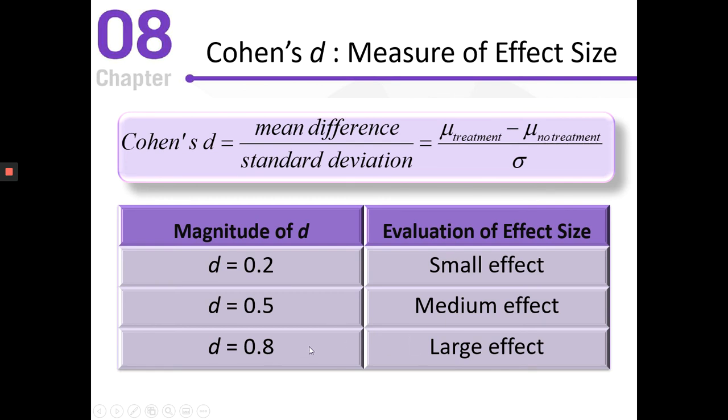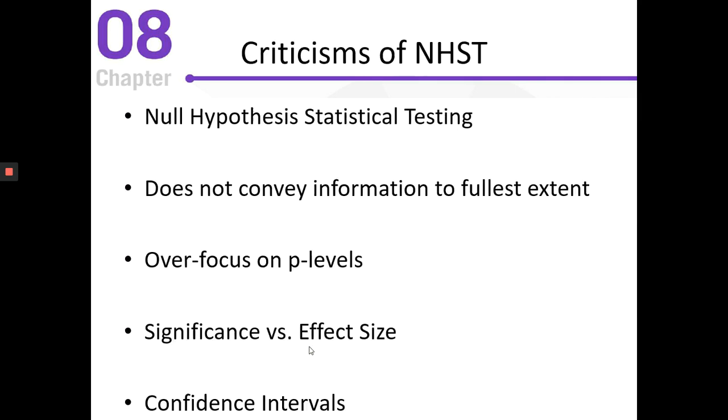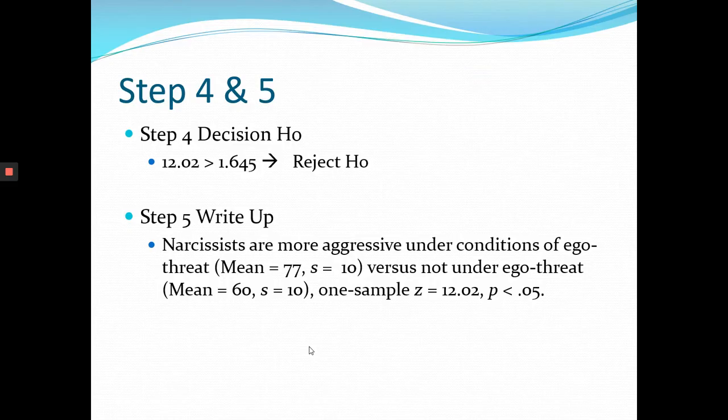It's more than 0.8. So not only did we find that it was significant, remember, there was less than a 5% chance that it's due to luck, so there is something going on. Narcissists in our sample acted more aggressive under ego threat conditions versus no ego threat. And our statistics say that we're 95% confident that is true for all narcissists all over the world.